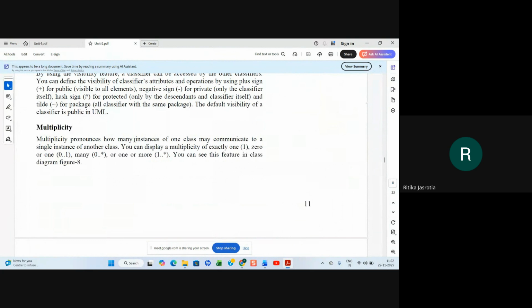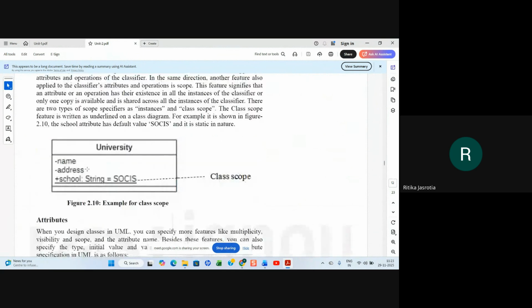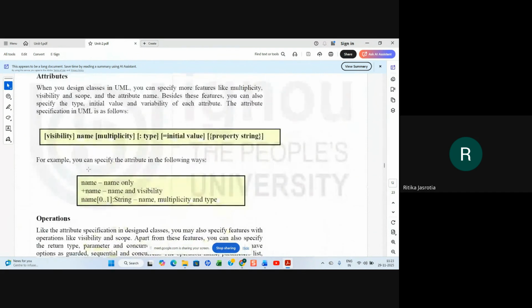Multiplicity pronounces how many instances of one class may communicate to a single instance of another class. So you can have a multiplicity of exactly one, zero or one, many, or one or more, and you can see this feature in the diagram, right?